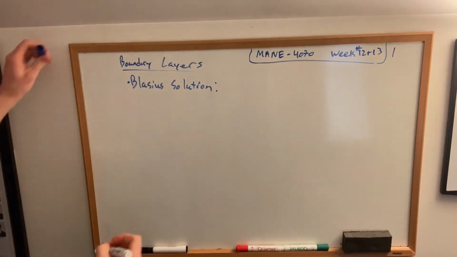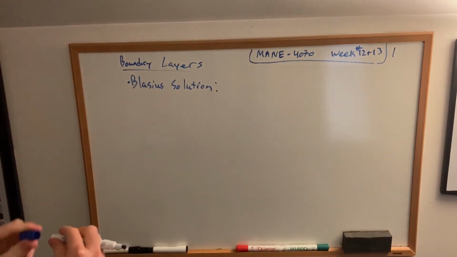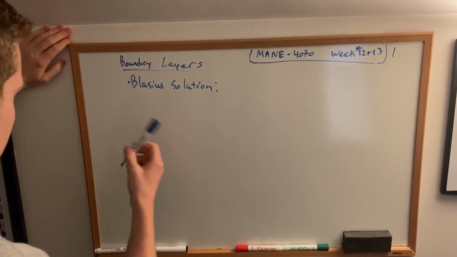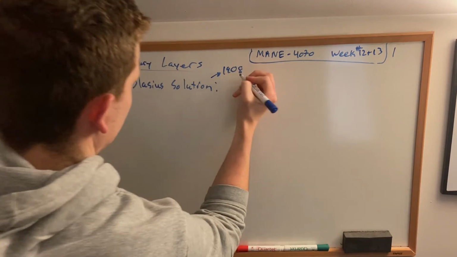Okay, so the next thing that we got into in class is a pretty famous solution to boundary layers, specifically laminar boundary layers, which is known as the Blasius solution, which I think was his PhD thesis in 1908.